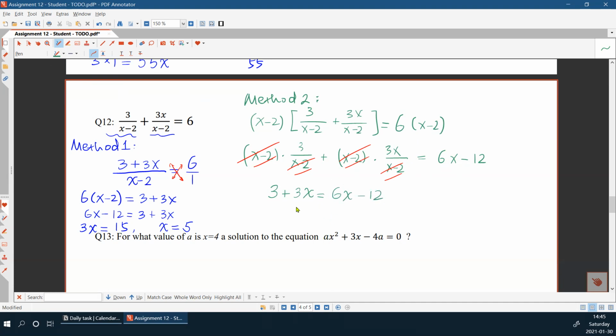And then merge all the x's and all the constants, which gives us 3x equals 15. Then, of course, x here is 5, right? This is the alternative method. Again, you can choose either way to solve it, whichever you feel comfortable with.